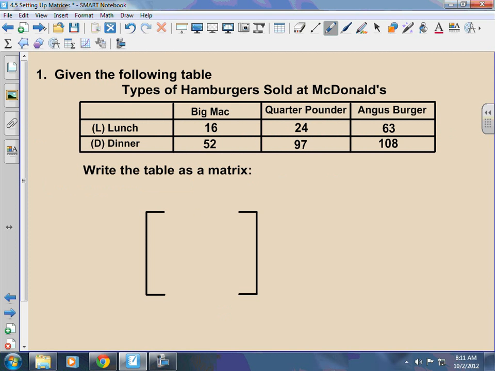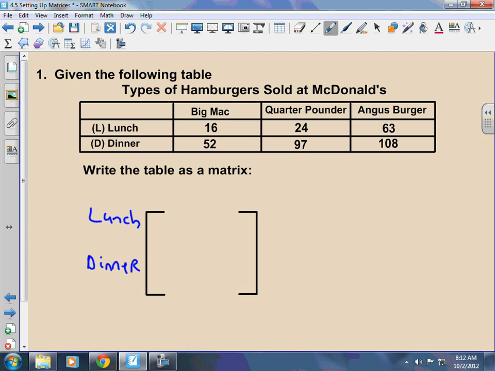Now, we're going to take this table and turn it into a matrix. Because this is on my left in this table, I'm going to keep it on the left in the matrix. So I'm going to put lunch, dinner right here.